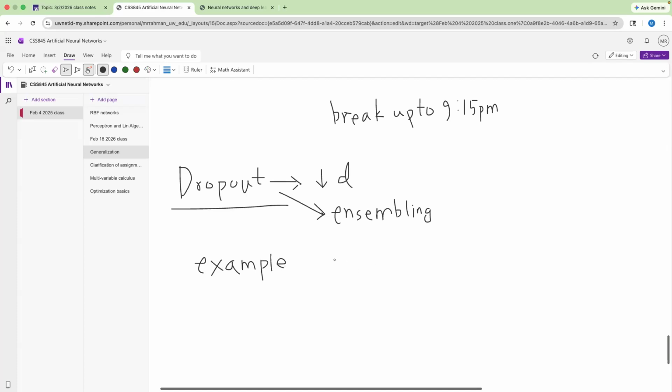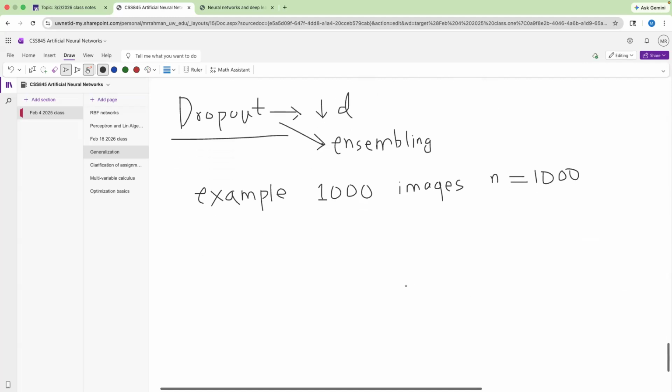Let's say I want to build an image classifier, and I have 1,000 images, right? So my number of samples is 1,000. Let's say n is 1,000, and I want to train a neural network.